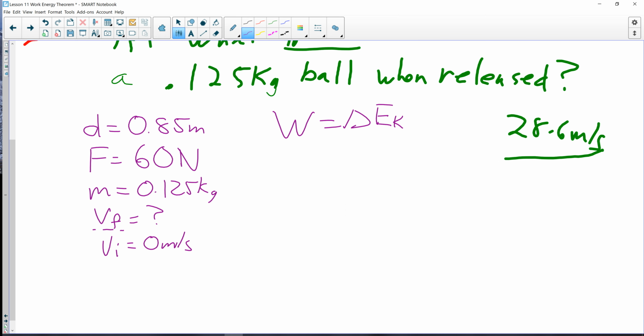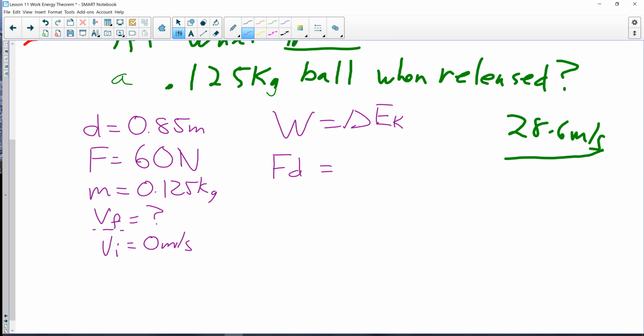So do I have a formula that calculates work? What is it? Force and distance. Force times distance. Okay, how do I calculate change in kinetic energy? Change always means something minus something.